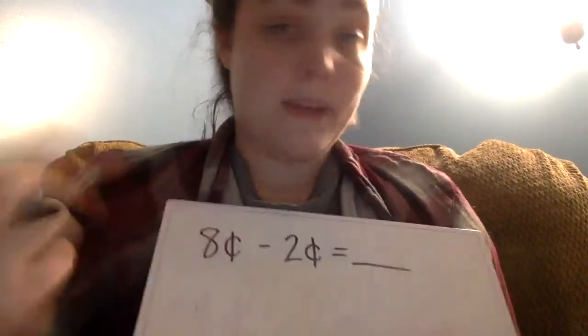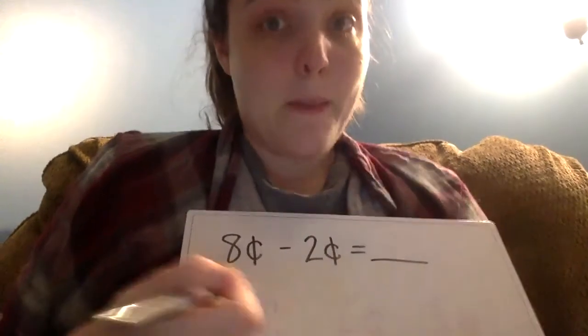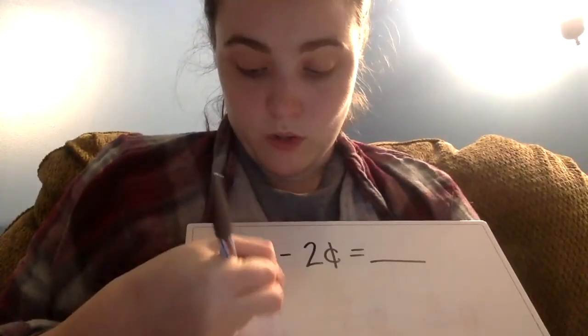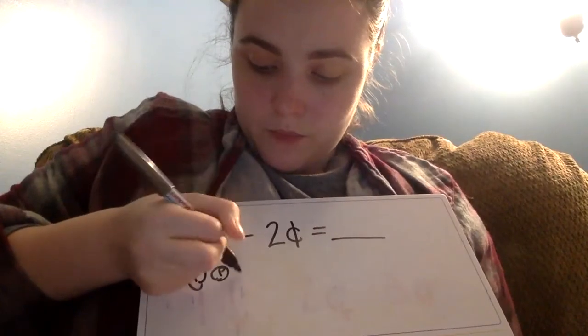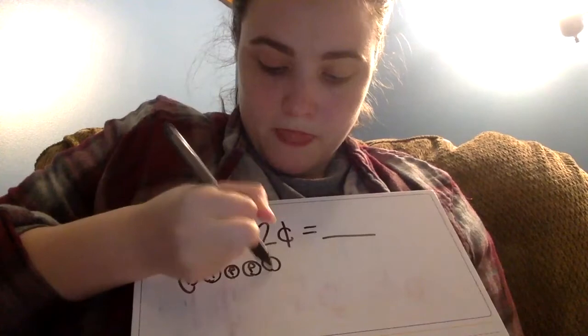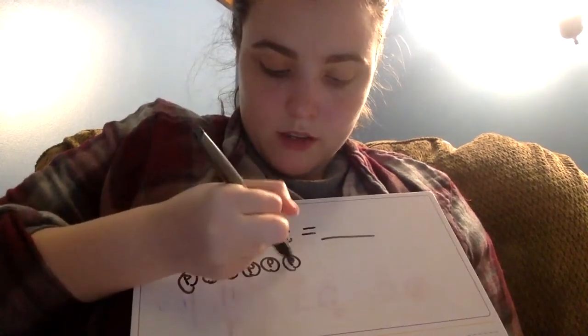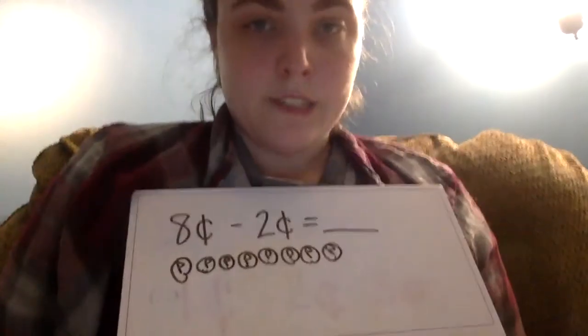So Mrs. Carmody has 8 cents, and I'm going to draw 8 cents using 8 pennies. So I have 1, 2, 3, 4, 5, 6, 7, 8.